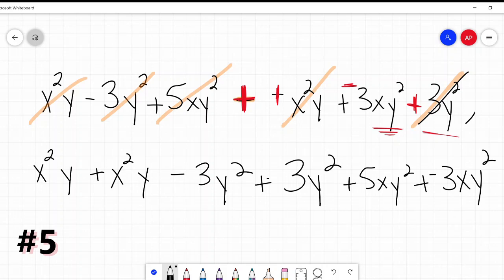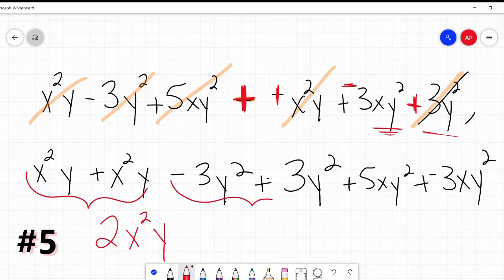Now they are paired together. The like terms are paired, so I can combine them quite easily. X squared y plus x squared y, so I have two x squared y's. Negative 3y squared plus 3y squared, those cancel out. That's nothing. There's 0. And last, a positive 5xy squared plus a negative 3xy squared.